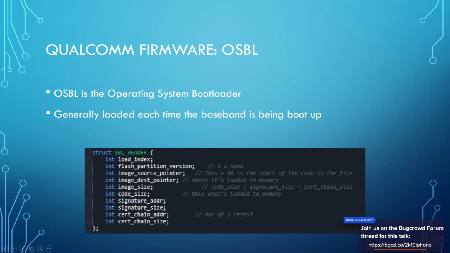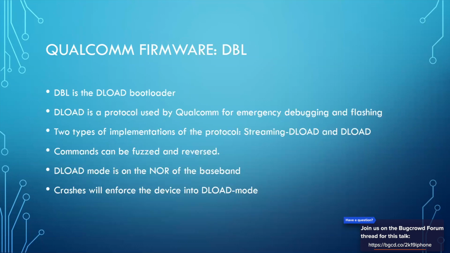It also says this image destination pointer. That's a pretty important one because that will tell what address it should load the code in of the trusted memory. So you can control that when creating a firmware image. And basically, if you just make it 0x8000 or within the boundaries, then it will be valid for that part. But of course, the code signing is not valid then.